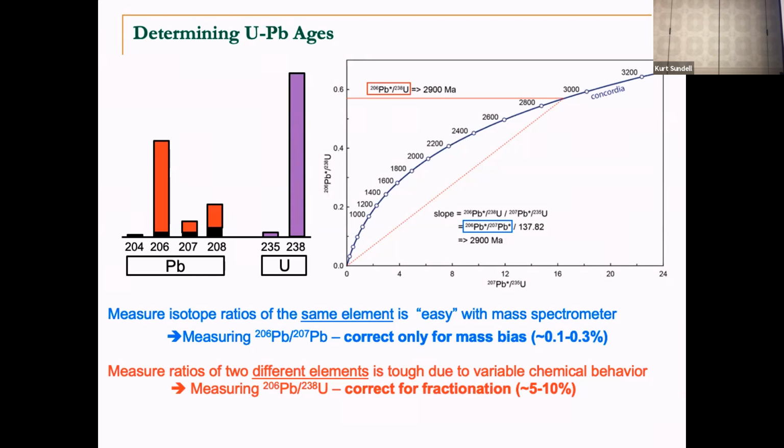The laser pulses down, it ablates material, the carrier gas brings it through the plasma, they ionize similarly, and they go through the flight tube. We'll see all of that in more detail in a bit. But those two isotopes behave really similarly, and so we end up with a really small mass bias that we need to correct for.